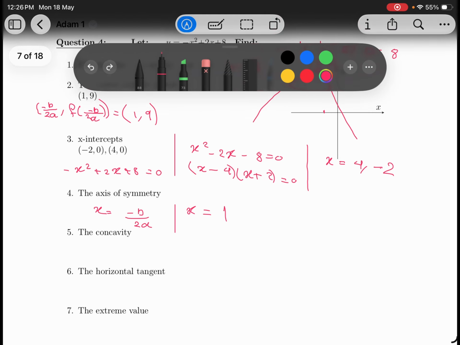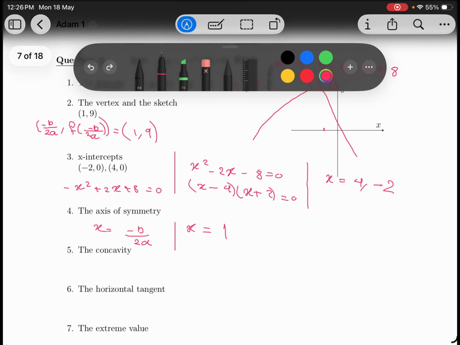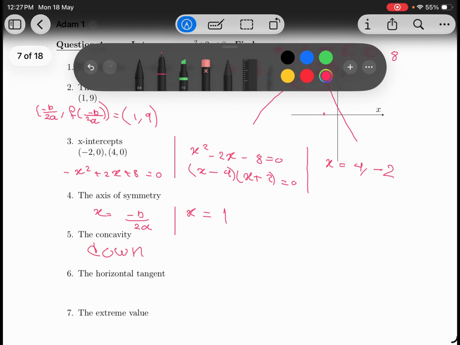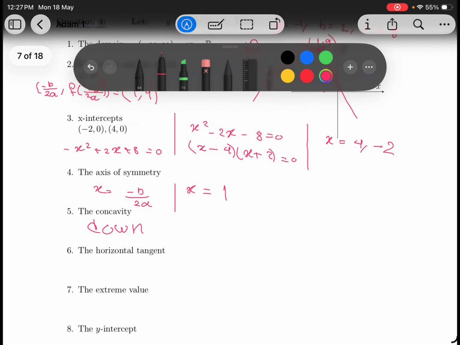And what we have, concavity, you know, a is minus 1, less than 0, so concave down along all its domain, or from minus infinity to infinity, okay? Or we can say concave down for all real numbers, any expression, okay?